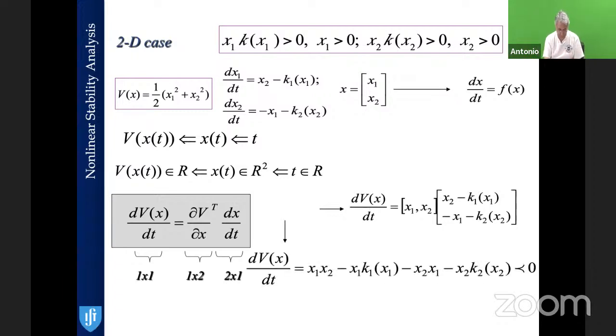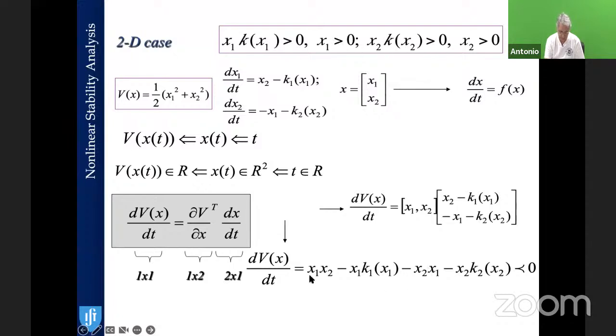Now you do these computations and you get x1, x2 minus x1 k1(x1), x2 and a negative sign, and x2 k(x2). So this guy kills that one. And because I have assumed that these functions are in the first and third quadrants, x1 k(x1) is positive, x2 k(x2) is positive.